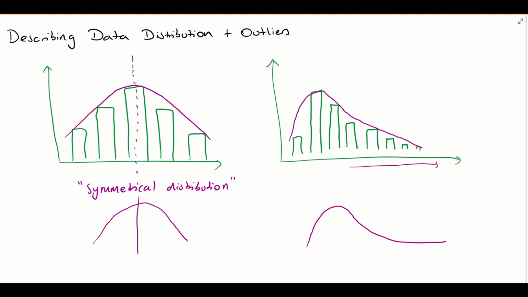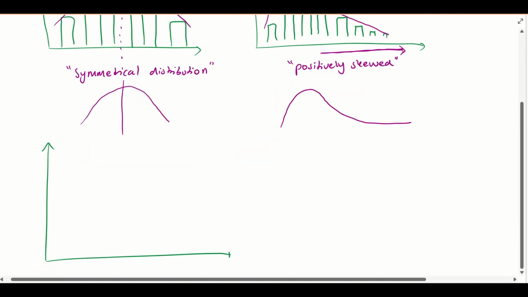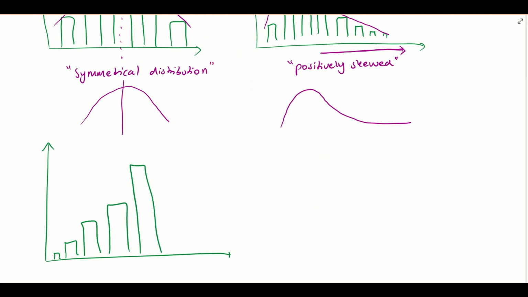And when the tail has been pulled out in the positive direction, so up the x-axis to the right, we call this positively skewed. Okay? And a similar idea applies for if it was going the other way. So let's say we climb up the hill towards the big valley and then it drops off rapidly.